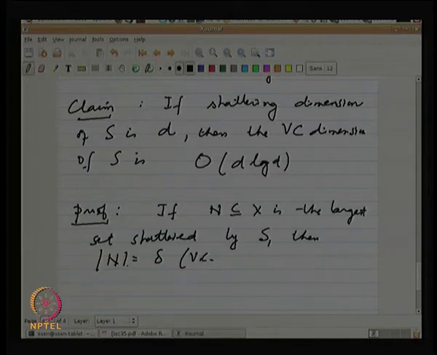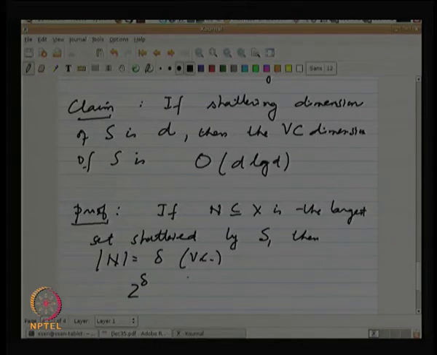We are saying that the largest set that is shattered is of size delta. So, 2 to the power delta is the power set of this subset, and that should again be bounded by the shattering dimension.